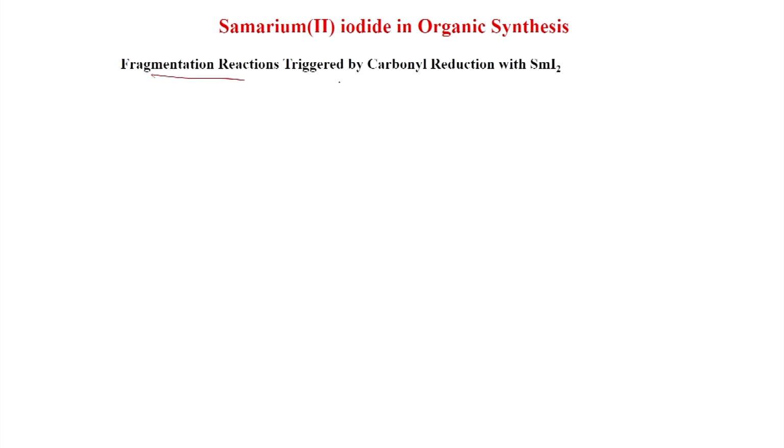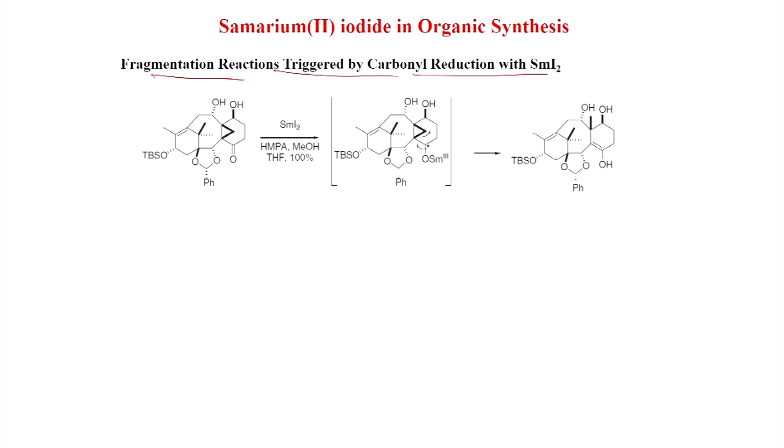Now we will see fragmentation reactions triggered by carbonyl reduction with samarium iodide. Like here, if you have a ketone with a cyclopropyl group at the alpha beta position, then this cyclopropyl group can be cleaved, because we know this is radical chemistry: samarium iodide, HMPA, methanol will give this radical anion, and this radical will then cleave the cyclopropyl group and you get this.